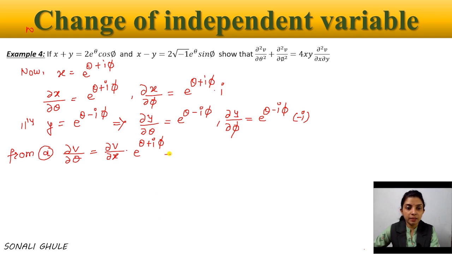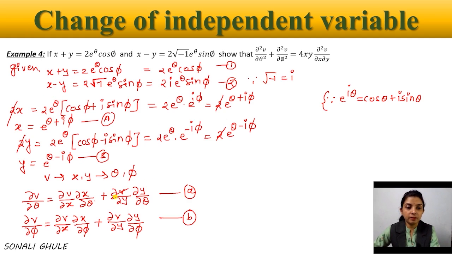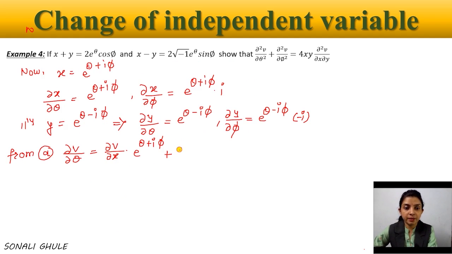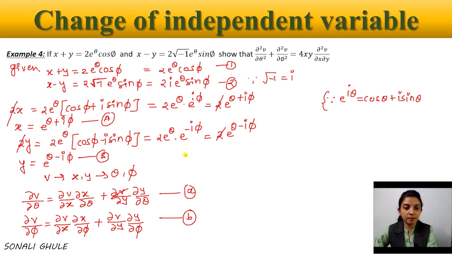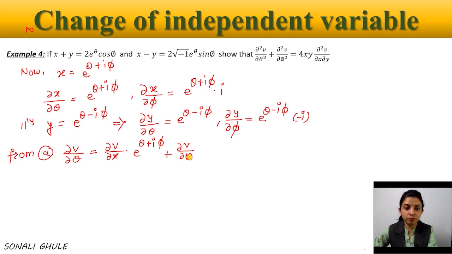Then plus v with respect to y and y with respect to theta. So dou v by dou y, and the value for y with respect to theta, I can write e to the power theta minus i phi.